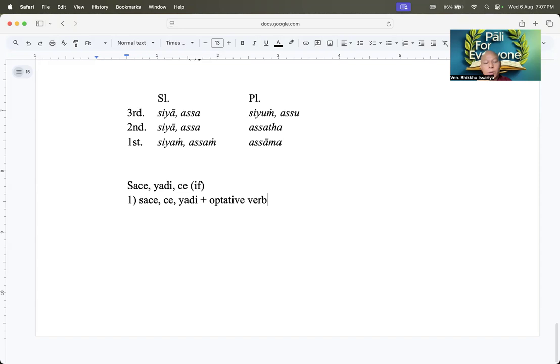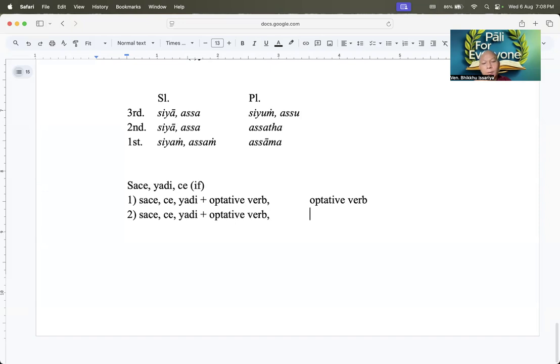And also there will be another line, and that line also will be with the optative verb. And then the second line also, that is saji or ji or yeti, will be with the optative verb.